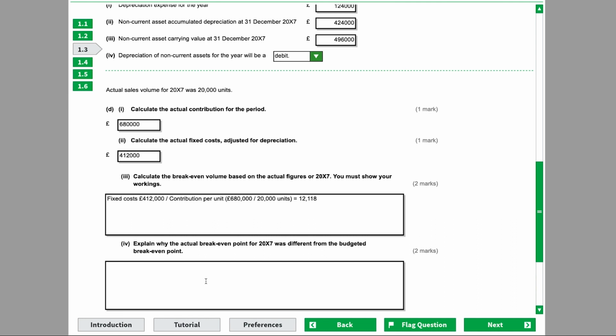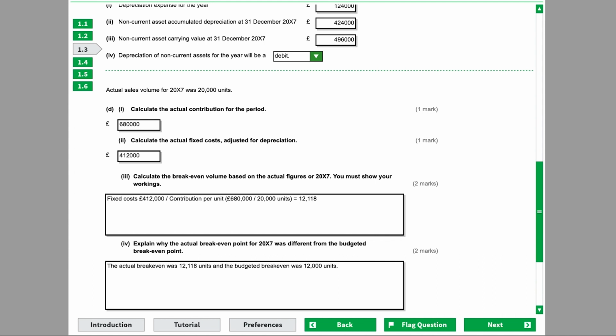So the first point that we want to say is just explain the difference between what the budgeted break-even was and what the actual break-even was. So let's just start this out. The actual break-even was 12,118 units, and the budgeted break-even was 12,000 units. So that's just our starting line.